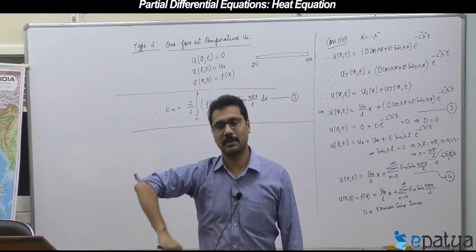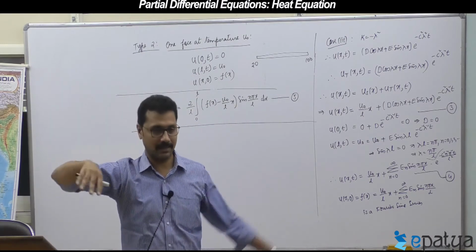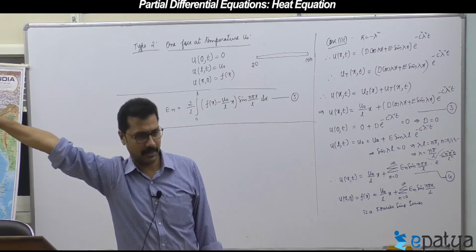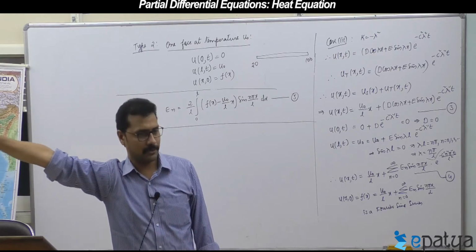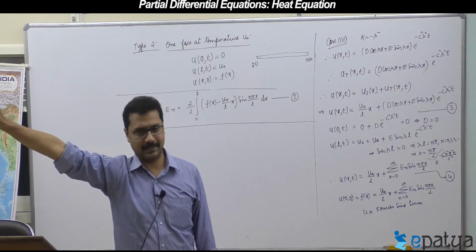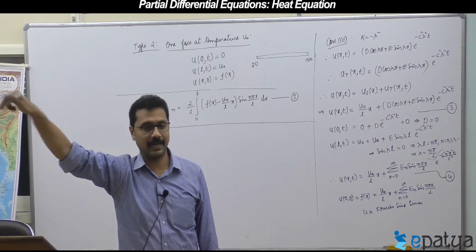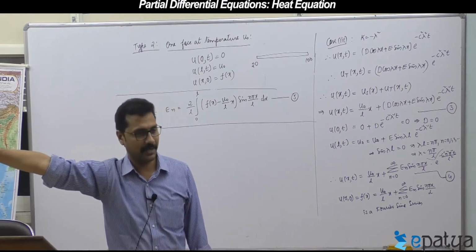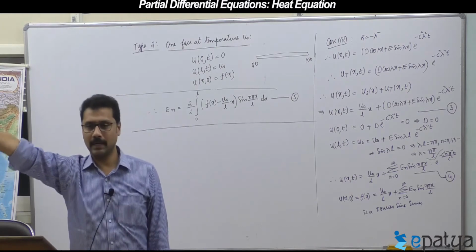Suppose they are maintaining 20 and 60, like I have given earlier. They are already maintaining 20 and 60, which is outside. So it would be 20 plus 40 by L into x. That is already being maintained.